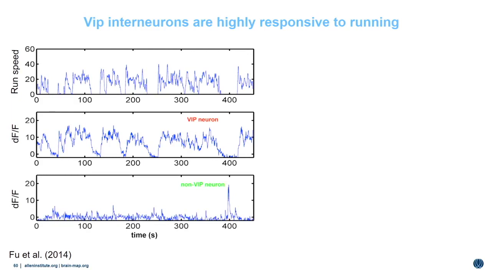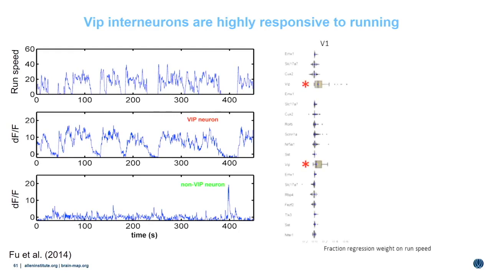So we looked at this in the Brain Observatory using the models that Michael Oliver described, and we looked at how well the running speed of the animal predicts the activity of each type of cell. And in fact, we were able to confirm that there's a very selective effect for the VIP cells in V1 to be predicted well by the running speed of the animal.